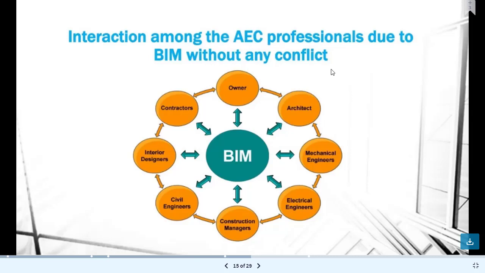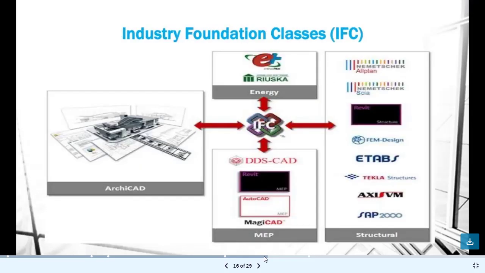Before assigning, we see it visually in our BIM software. So that's why the owner, architect, mechanical engineers, electrical engineers, construction managers, civil engineers, interior designers and contractors all interact. Industry Foundation Classes.